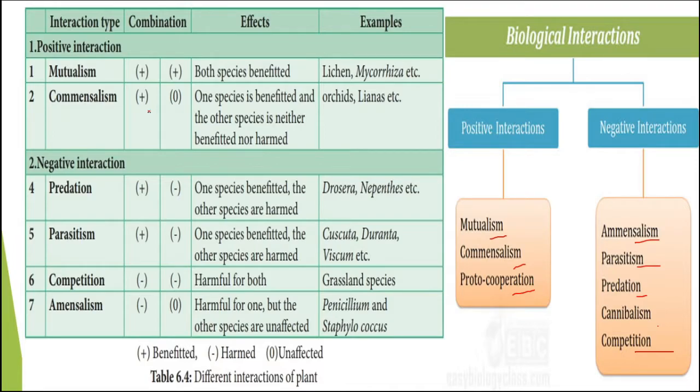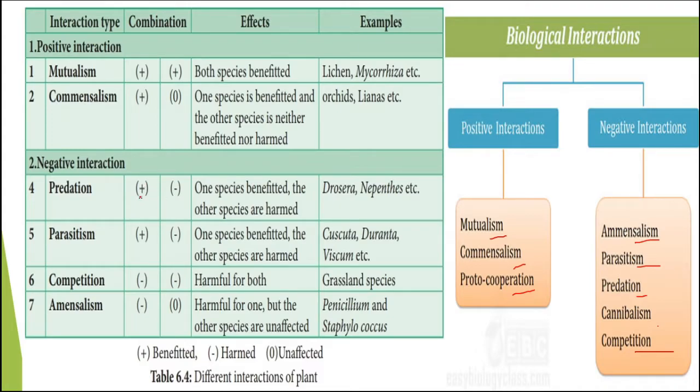Commensalism is one in which one species is getting benefit and the other is neither getting benefit nor harm. So one is getting benefit and the other has no impact, no effect, like orchids present as epiphytes on other plants, then lianas, etc. In negative interaction, predation means there is one who is the prey and one who is the predator.